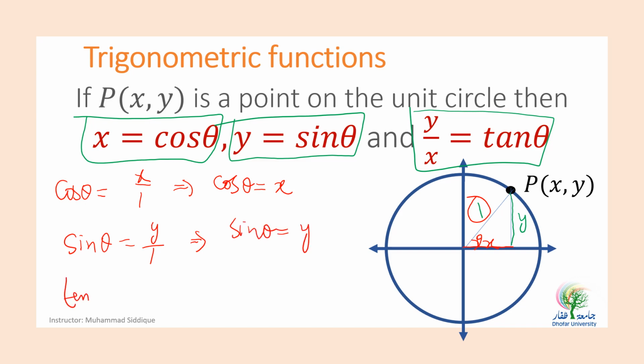And tangent theta, you know that is opposite by adjacent, y by x. So it's like that. We should remember: in the terminal point (x, y), x is called the cosine value and y is called the sine value.